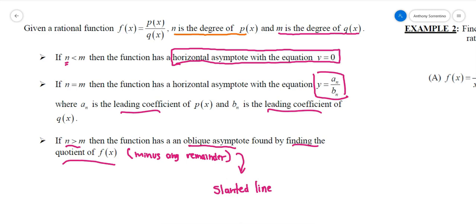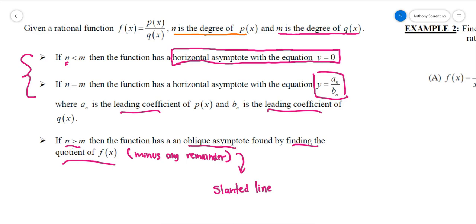They could be other shapes. They could be parabolic. There's a whole bunch of different shapes they could possibly have. For our purposes, they're only going to be slanted lines. So I'm going to have a vertical asymptote for sure in a lot of cases. I'm either going to have a horizontal asymptote in these two cases, or I'm going to have an oblique asymptote in the case where the degree on top is higher than the degree on the bottom.